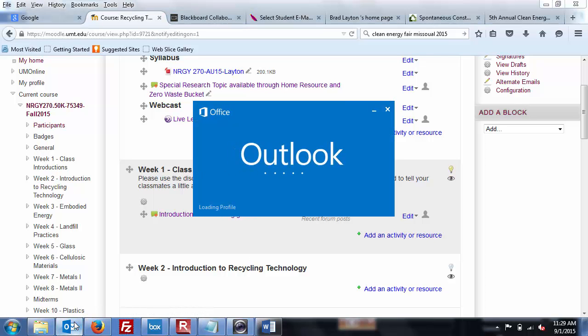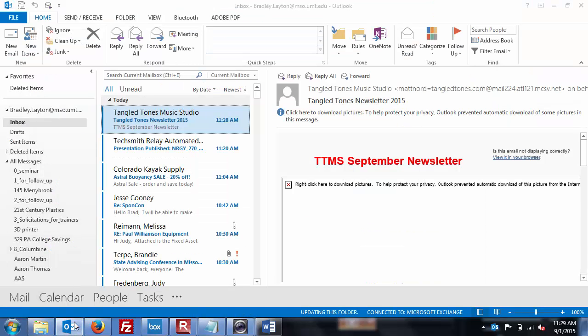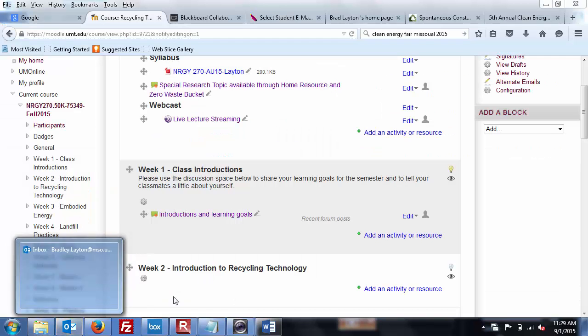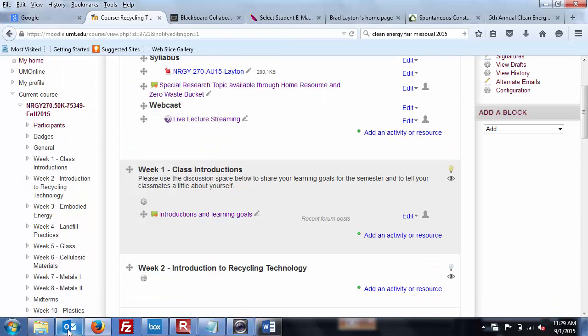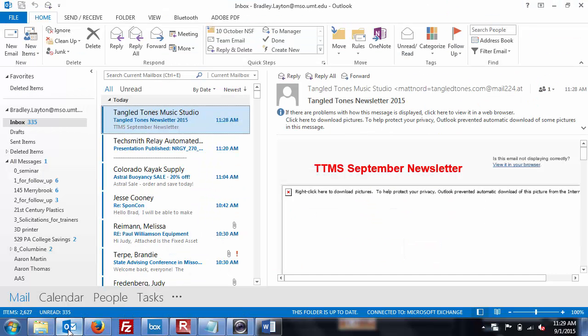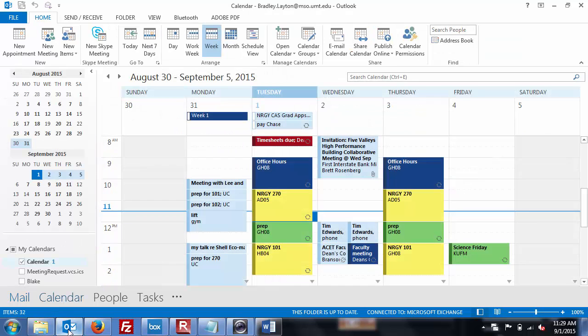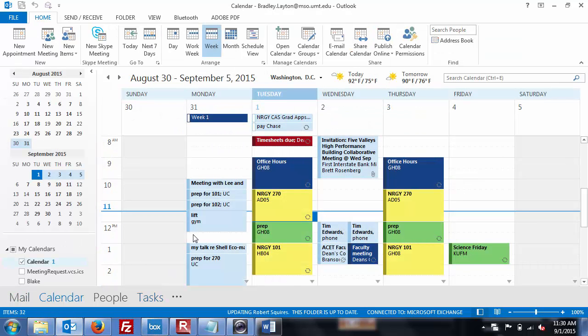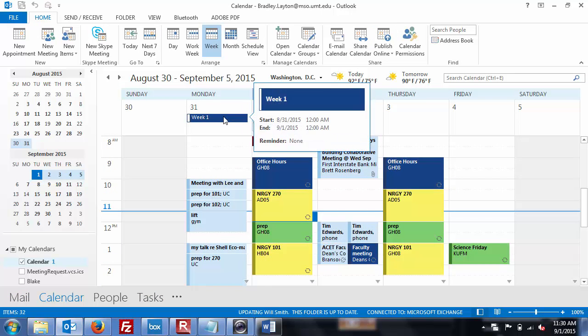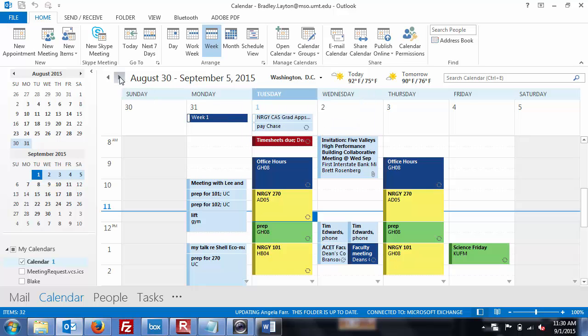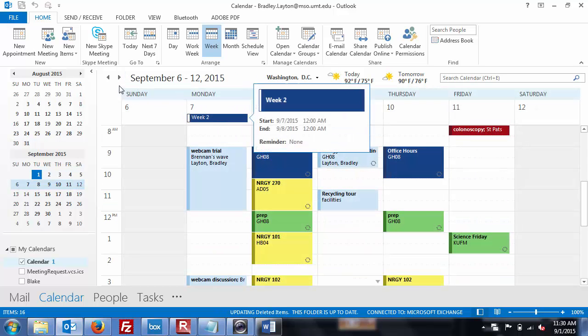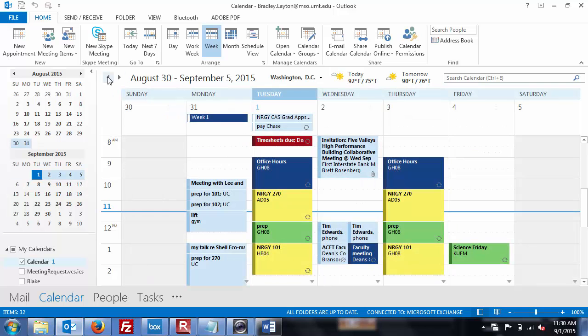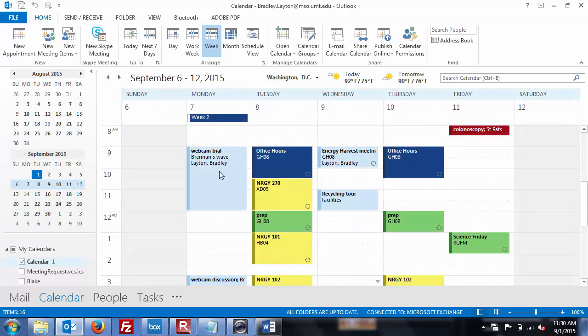I try to do the same thing in my Outlook calendar. It just keeps it straight for me, and that's how I label the lectures too. And if I show you here, I just have week 1 listed here. I'll scroll through the next one. There's week 2, etc.